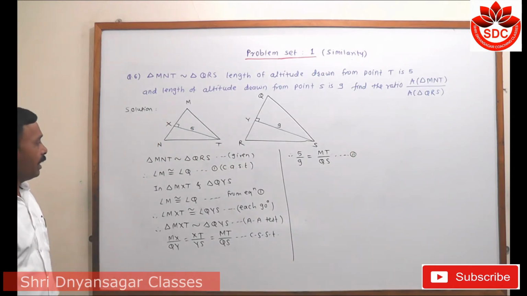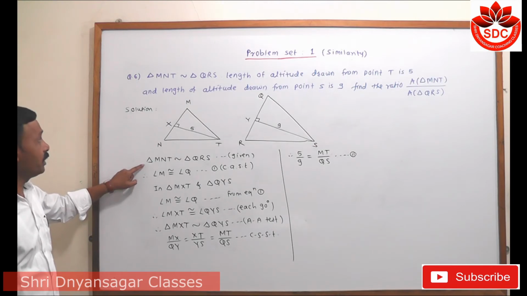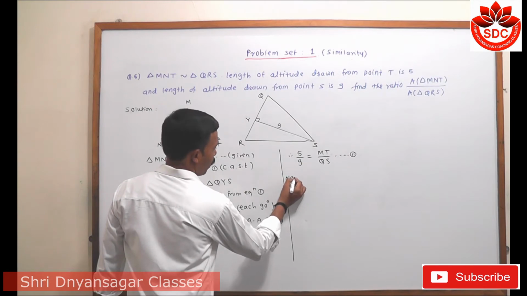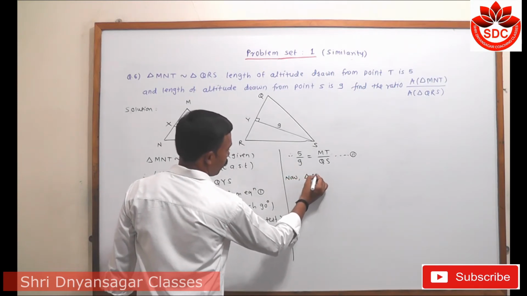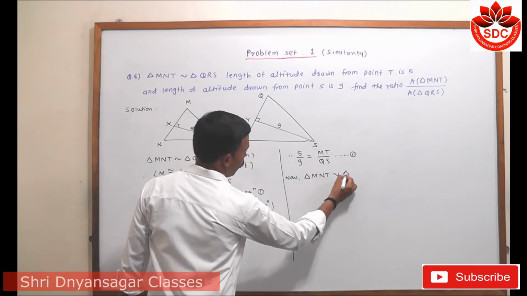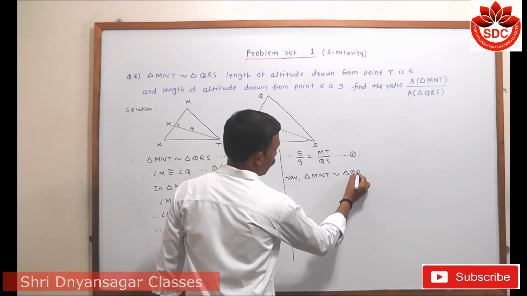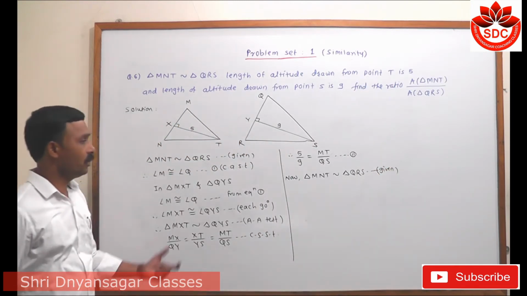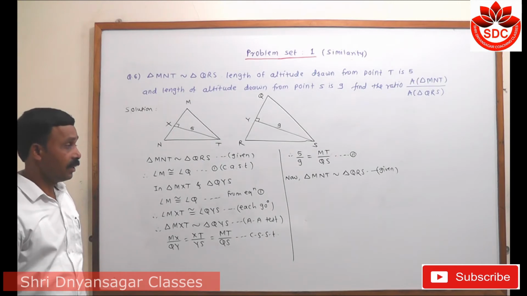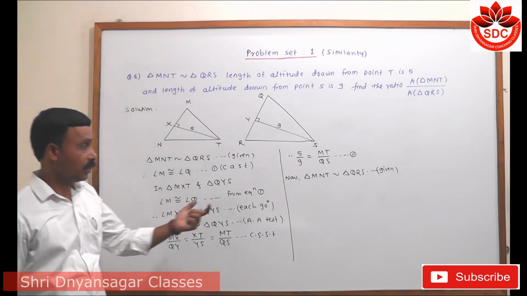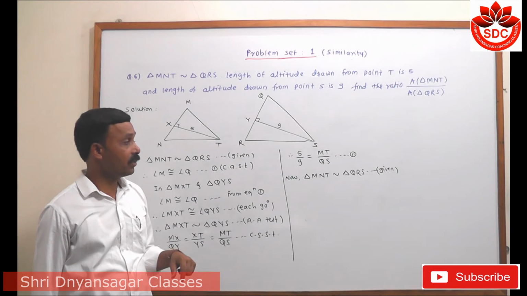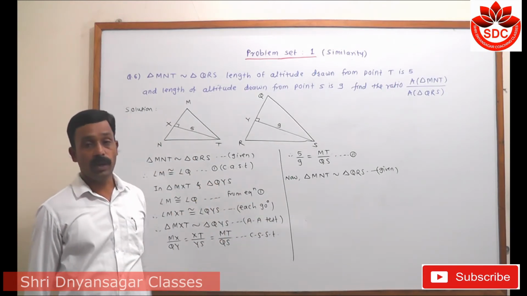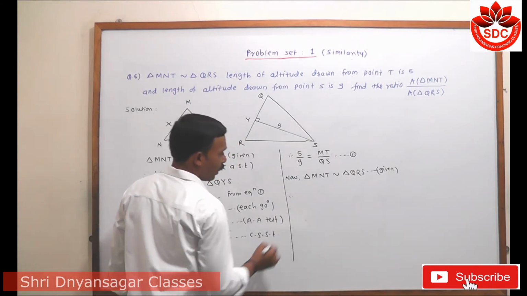Then students, again I take the first point, which is given: these two triangles are similar. Now we take these two triangles, triangle MNT is similar with triangle QRS. This is given. Now if two triangles are similar, then we know the theorem that the ratio of their areas is equal to the ratio of the squares of their corresponding sides. So by using this theorem, we solve this.